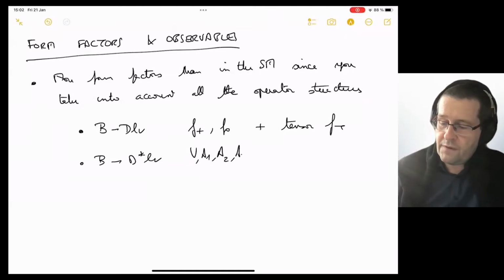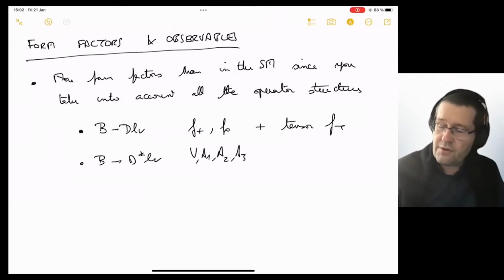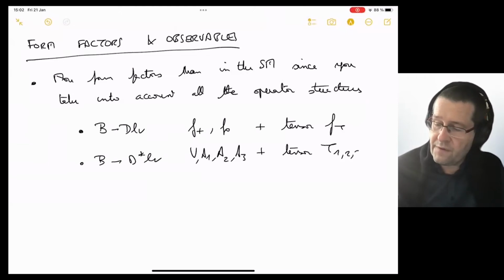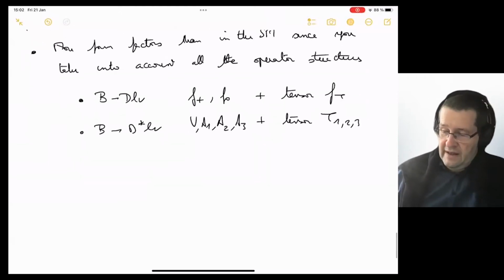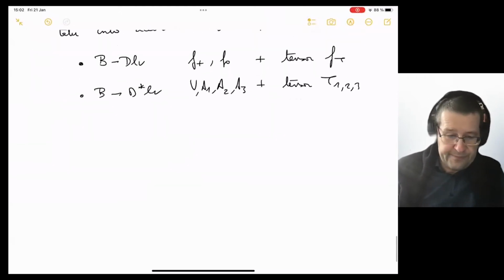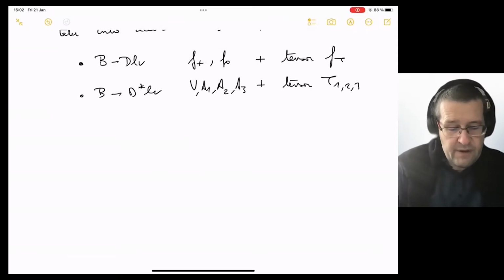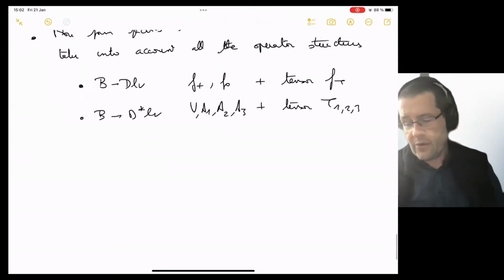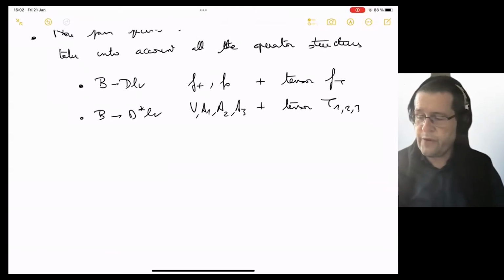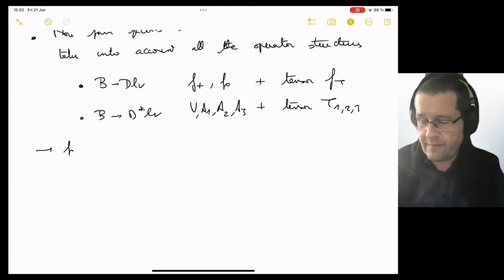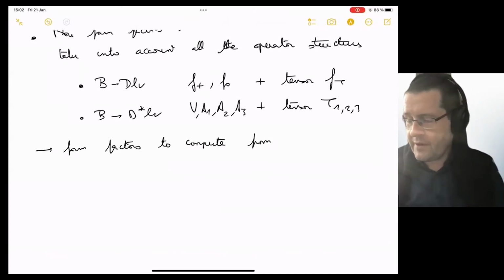You have the ones that we have introduced already, but you've got also three other form factors that are present for the tensor part. And so that means that you do have quite a few more form factors to compute from lattice QCD, for instance.